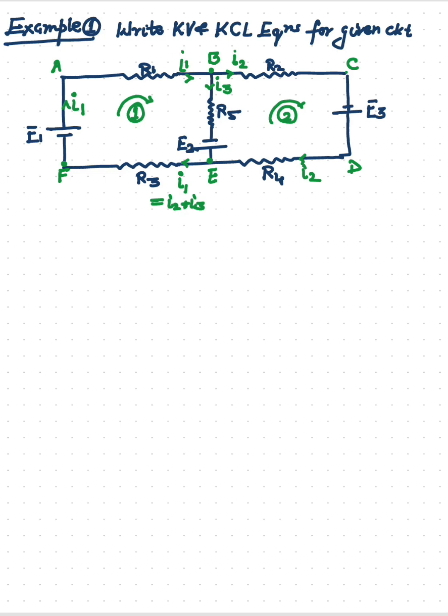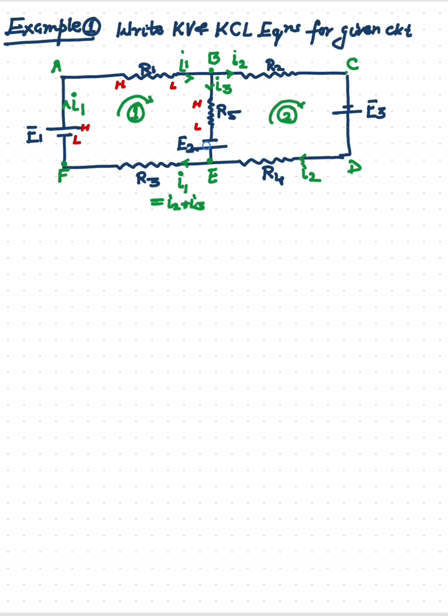Now look here. Across the batteries, this will be high and this will be low. Current is flowing from here to here, so this will be high and this will be low. Across the resistance R5, this will be high and this will be low.